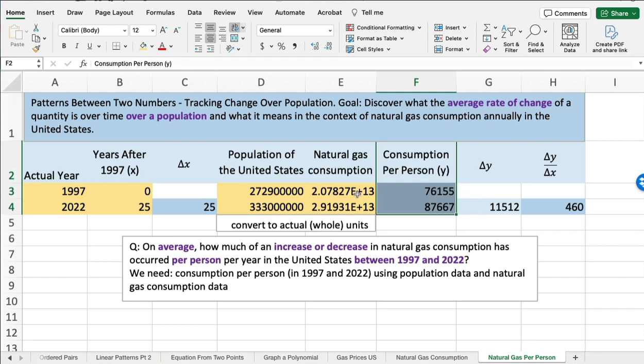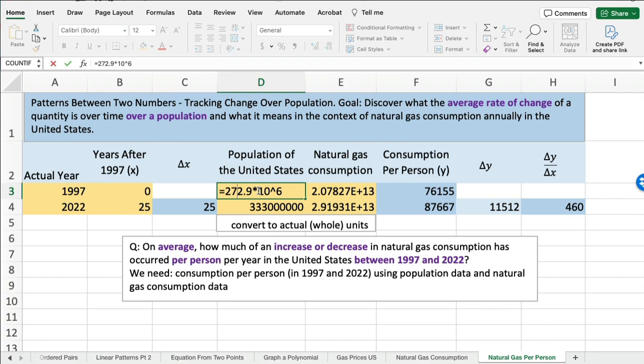Okay, so I needed to know the population, so I looked that up, and I was told that the population in 1997 was approximately 272.9 million. So what I did was I took 272.9 and multiplied by 10 to the 6th power to get my 272 million. You didn't have to do that. You could have just typed in 272,900,000 and be done with it.